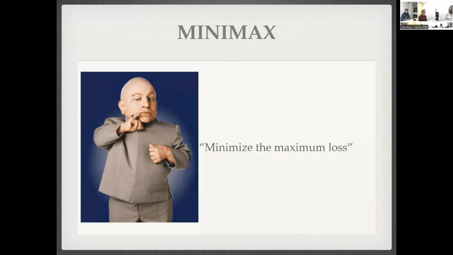The basic idea is to anticipate your opponent's best response to every possible move and select the one that minimizes the loss in that scenario. So the idea is that you're looking ahead and you want to only leave available moves for your opponent that are worse than the one that you moved. That's essentially what you're trying to do.